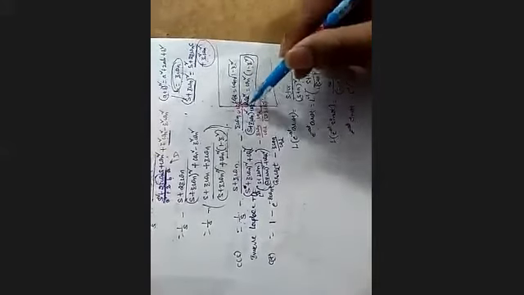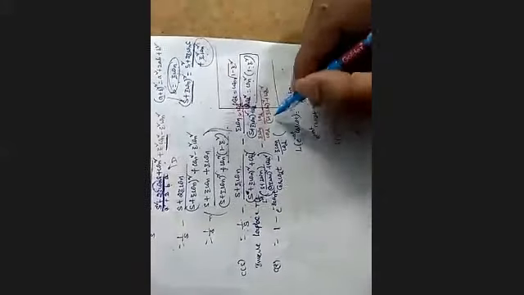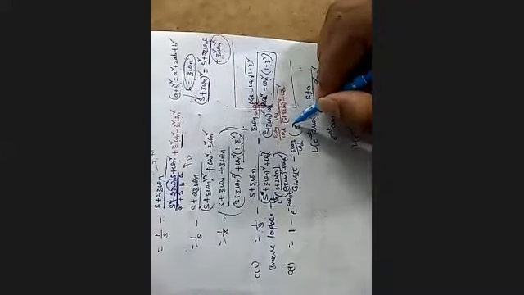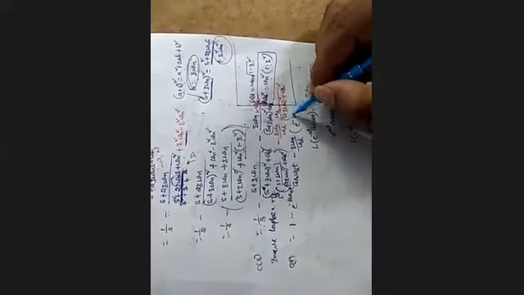Actually here, it is in the form of omega d by s plus a whole square plus omega square. So it can be written as e power minus at, where a is nothing but zeta omega n, so minus zeta omega n into e power minus at into sin omega t, where omega is nothing but omega d into t.